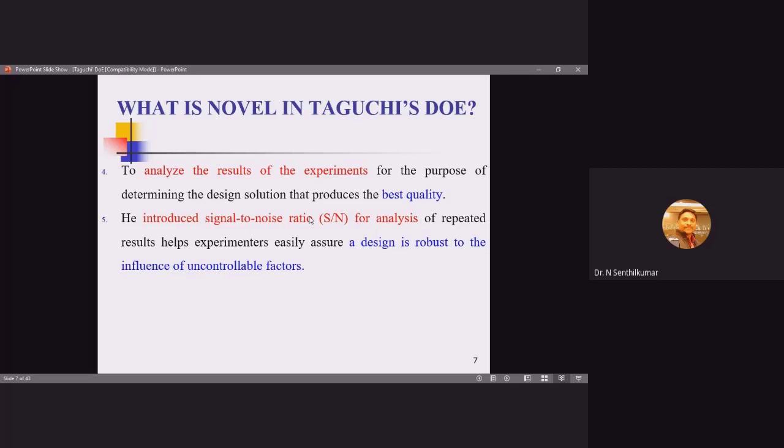So what is signal? The electrical signal that is being transmitted from one place to another place. You all know Taguchi was appointed head of the Japanese Telecom Corporation. So there only he developed this approach, this technique. He was transmitting the signal from one end to the other end, and he would calculate how much quality is received at the other end.